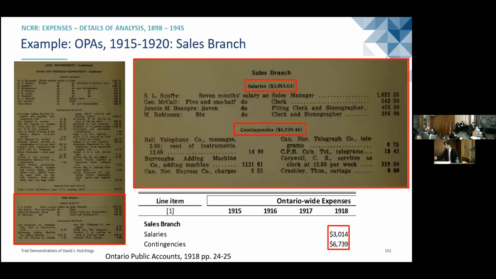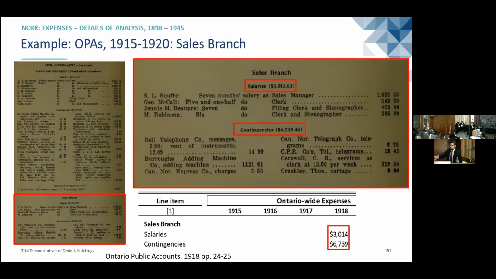That's the number that shows up in my work papers and Professors Bodwin and Smart's work papers as salaries for the sales branch. And similarly, contingencies, $6,739. Also, it's the same amount. So because this is sales branch, in the Game and Fisheries Department, I exclude those revenue sources.